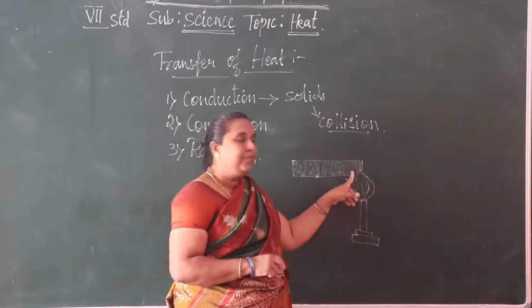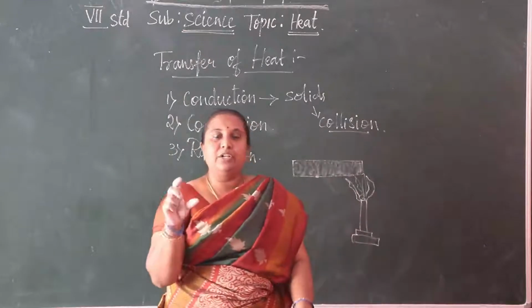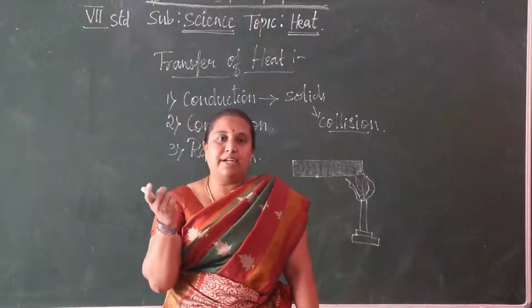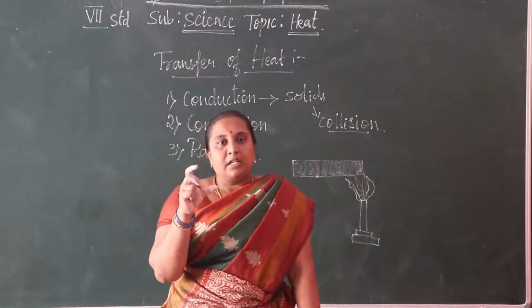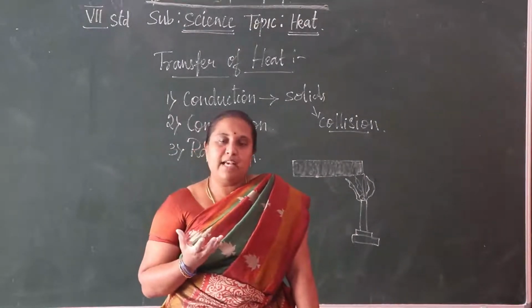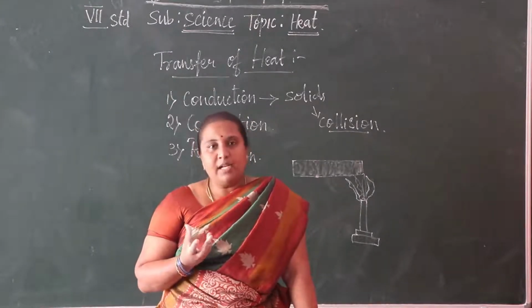By heating, the iron rod expands. You know this, no? You read that in your 5th and 6th standard. The iron rod can expand, and an iron ball can expand by heating.